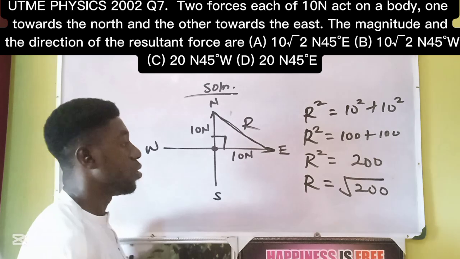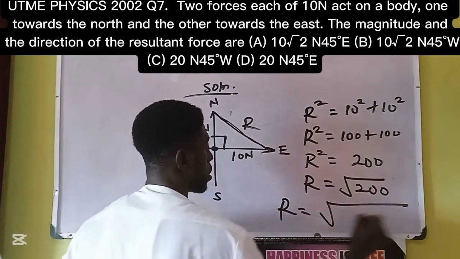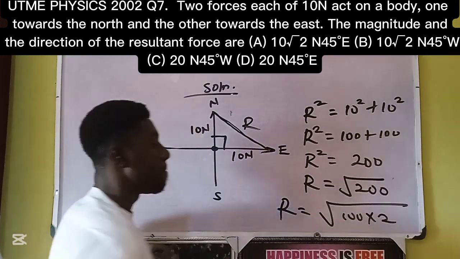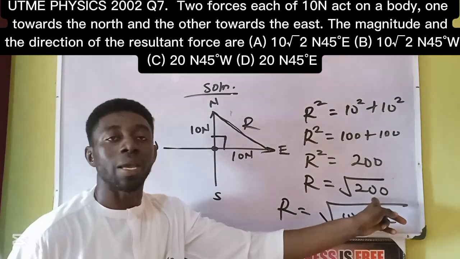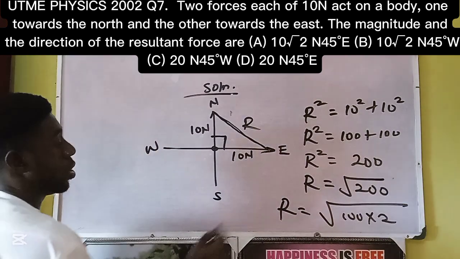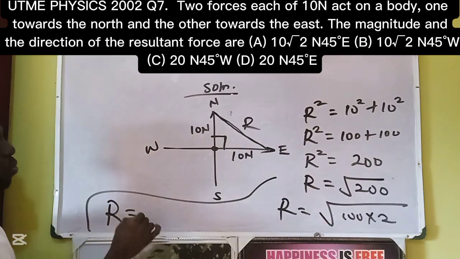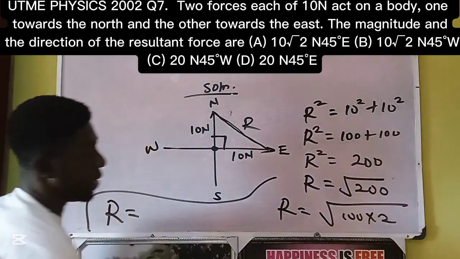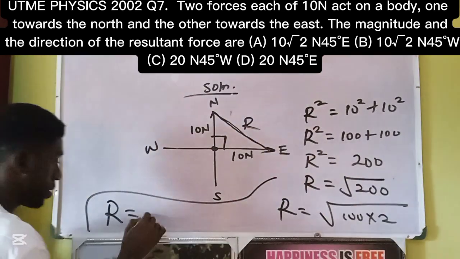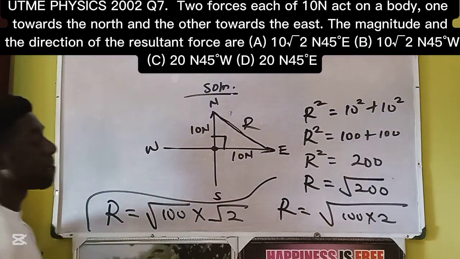Recall your surd rules, square root rules. 200 is the same as 100 times 2, because I don't have a perfect square for 200. So we'll use the surd method. Then R is equal to, we can split the surds. We'll be having surd 100 times surd 2.